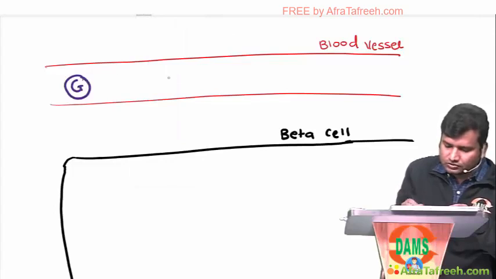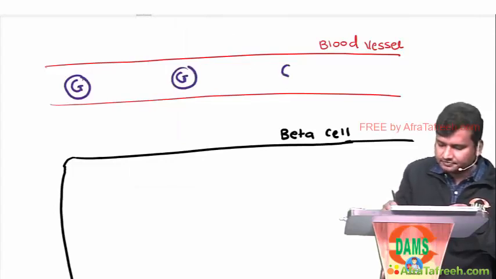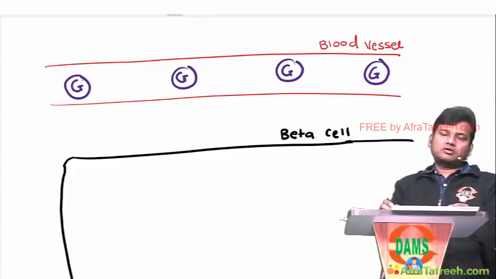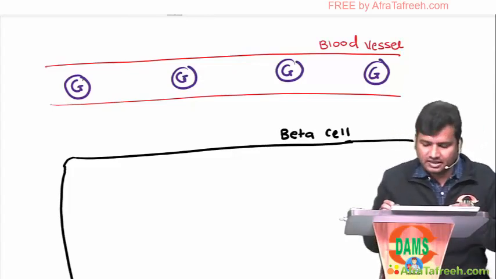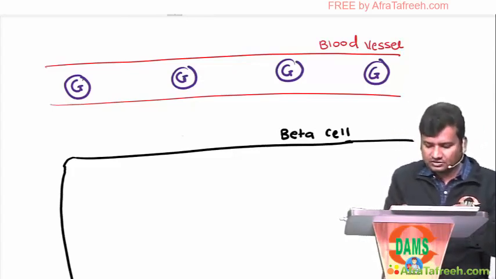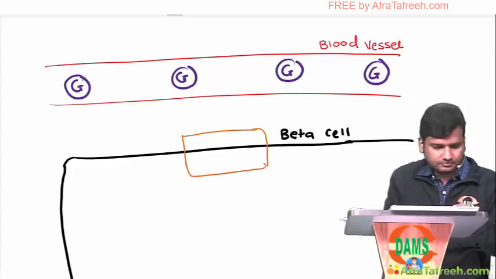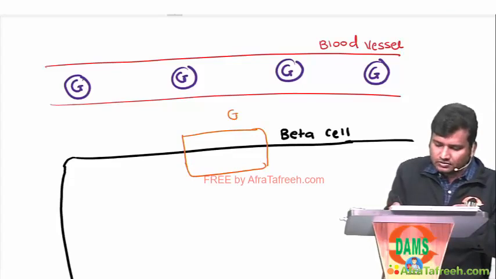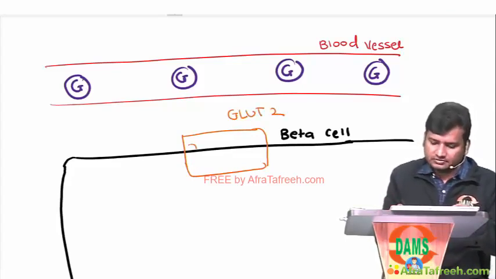This is glucose in blood. Our beta cells of islets of Langerhans have GLUT2 transporters. This is GLUT2 transporters.